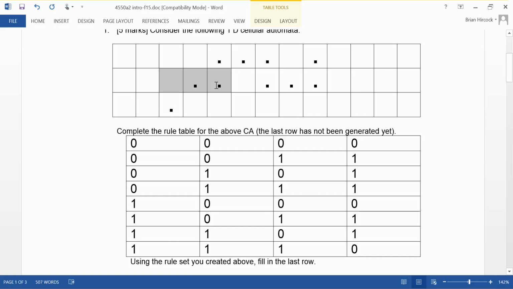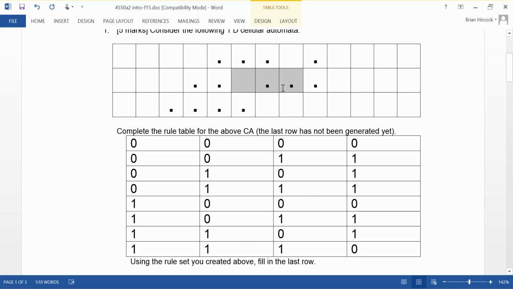We've got 0, 1, 1. 0, 1, 1 gives us a 1, or dot. 1, 1, 0 gives us a 1. We've got 1, 0, 1. 1, 0, 1 also gives us a 1.